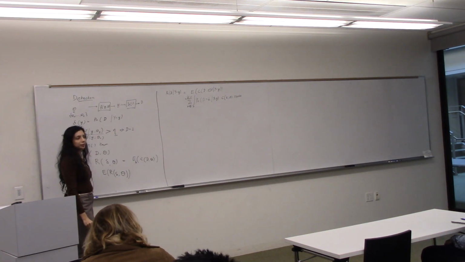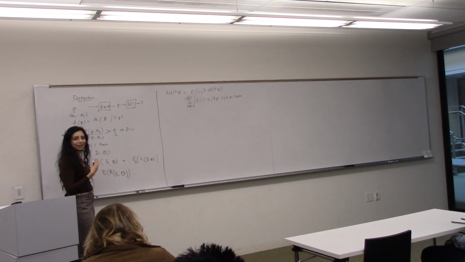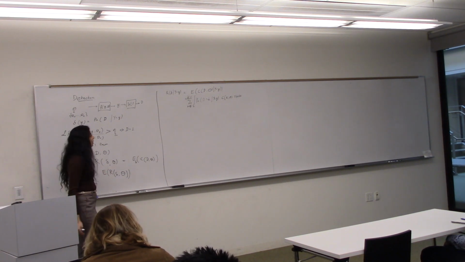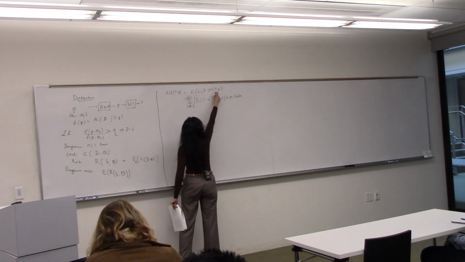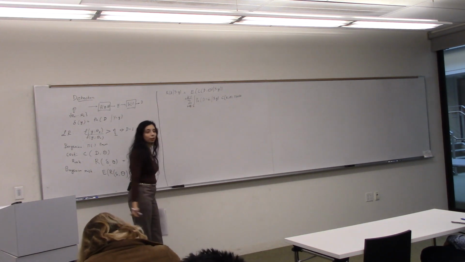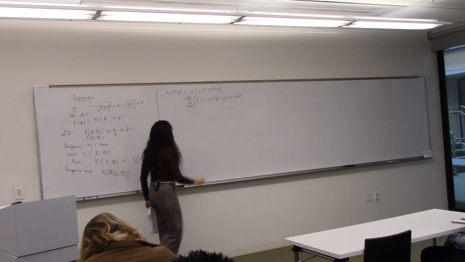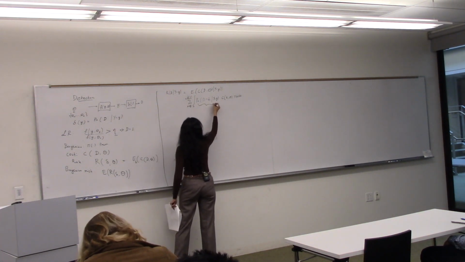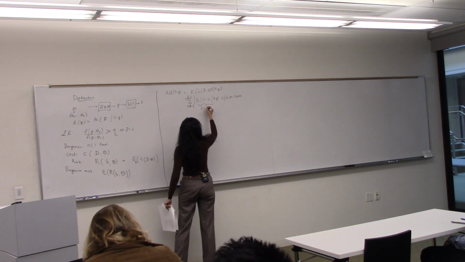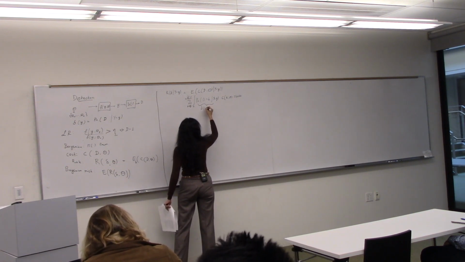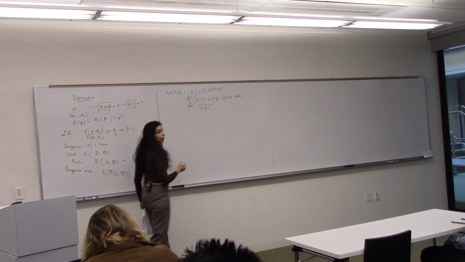Is that clear? I've essentially expanded this expectation, and now I've also conditioned it on what data I observe. And if I have this conditional distribution, this is nothing but my detector. This is my definition of what the detector is.